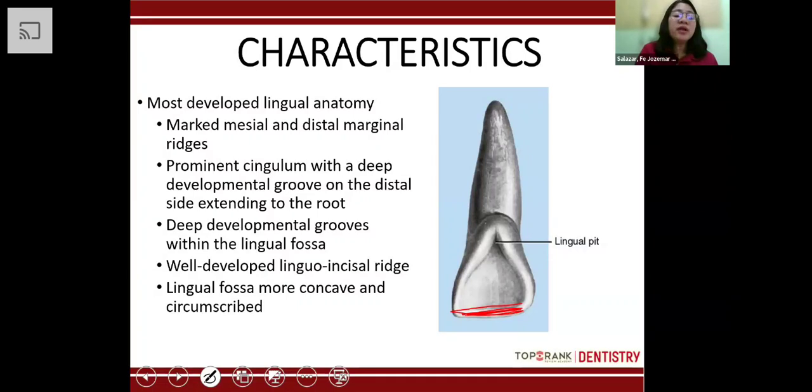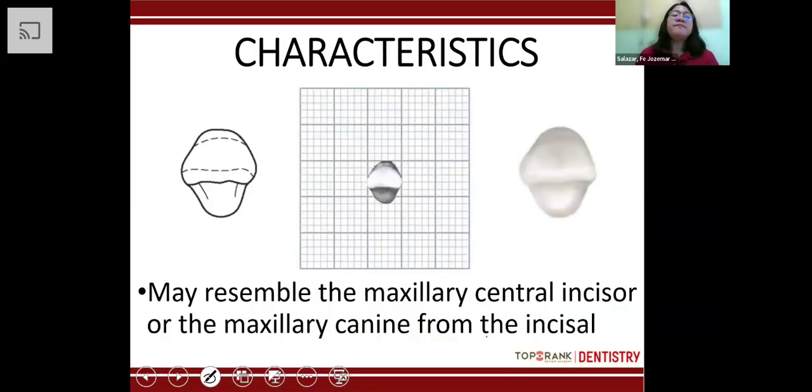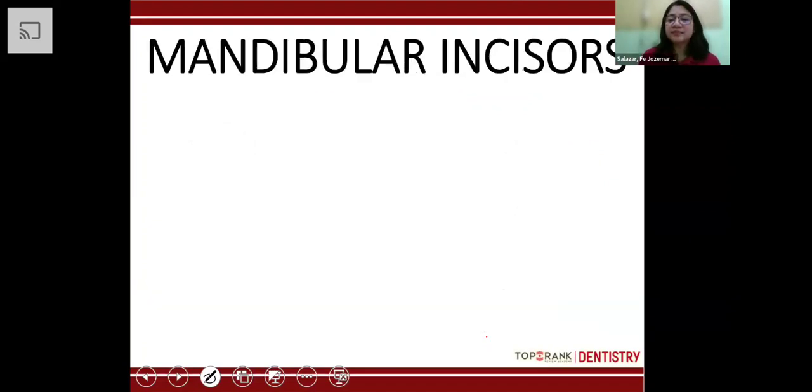Lingual fossa more concave and circumscribed. Presence of lingual pit. It may resemble the maxillary central or the maxillary canine from the incisal.